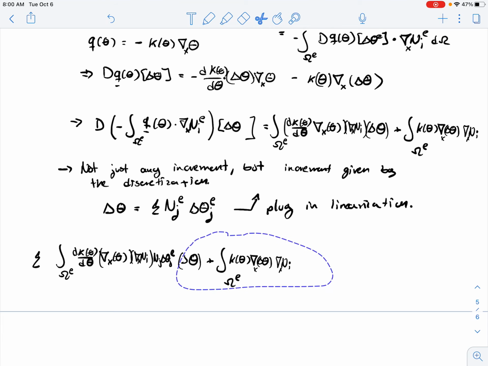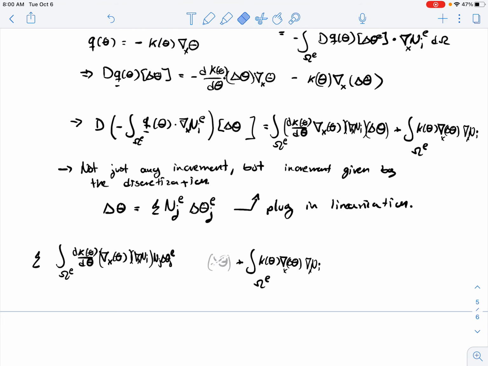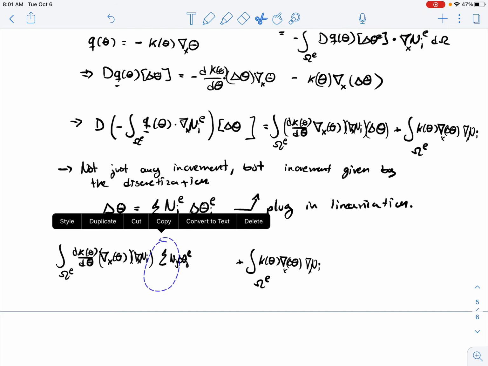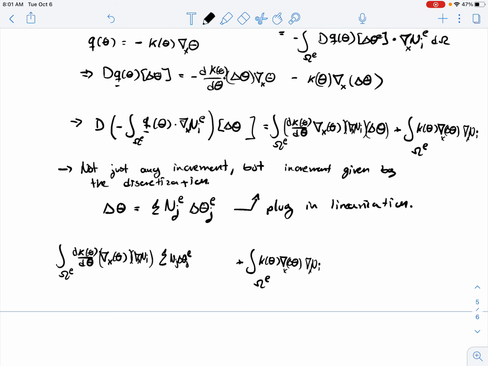I put the sum outside. Hopefully that's okay. Well, let me leave it inside and then we'll put it outside. Times the increment, right?